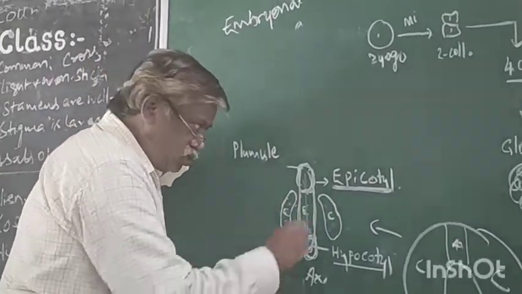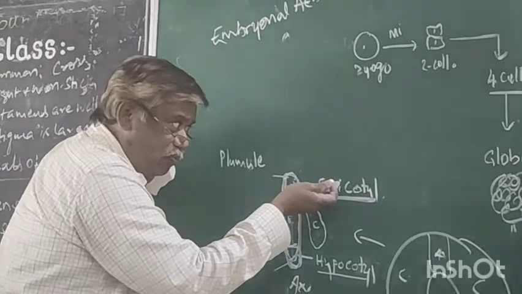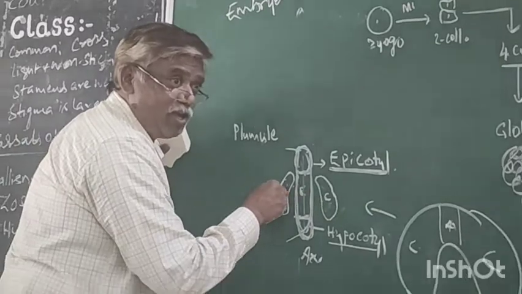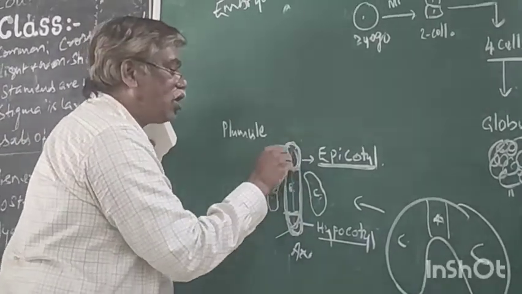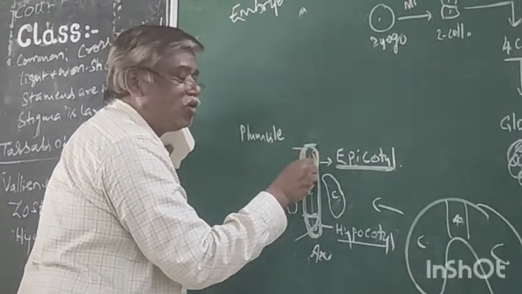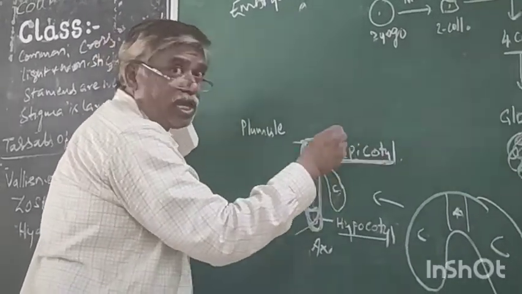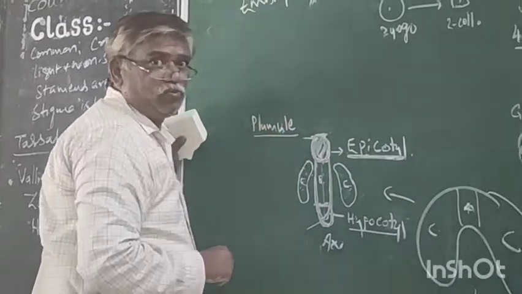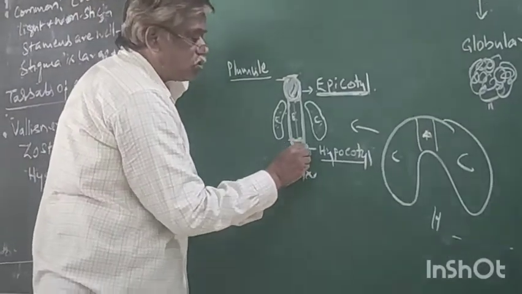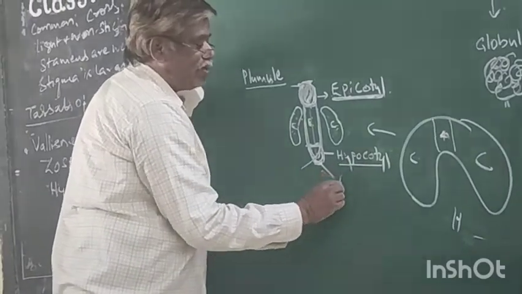So the total axis has the upper part, epicotyl, and the lower part, hypocotyl, with the cotyledons attached. The end of the epicotyl terminates as the plumule. This plumule gives the stem system. The hypocotyl terminates as the radicle.